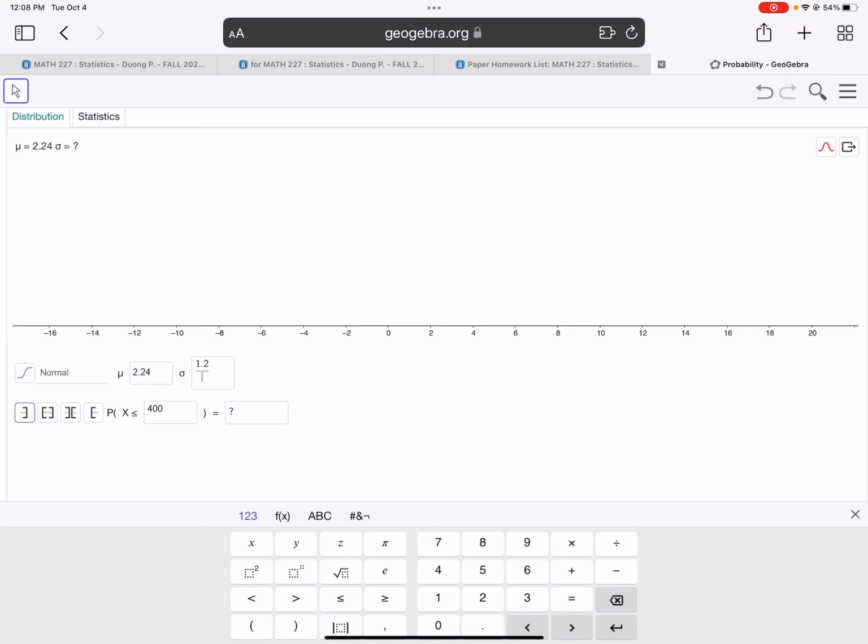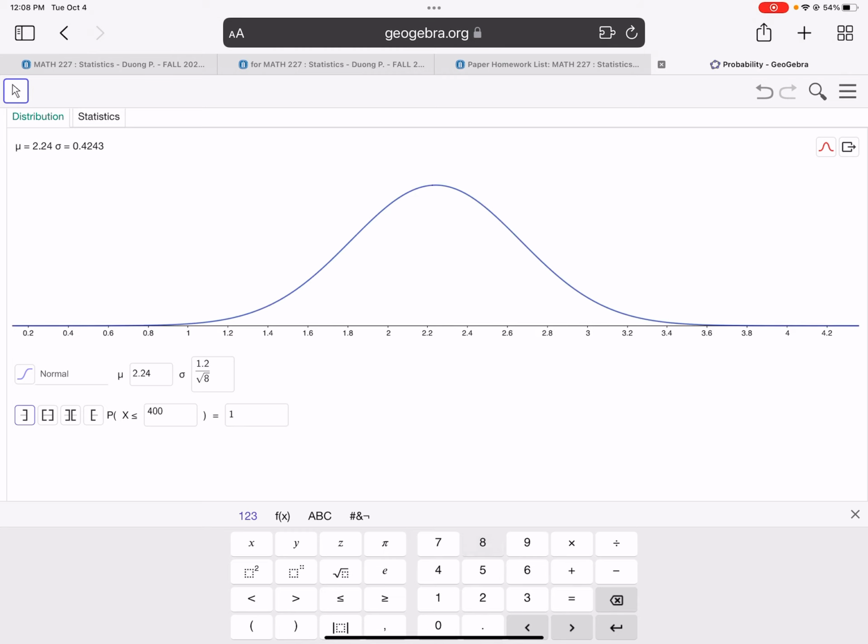In the bottom I do the square root of 85.